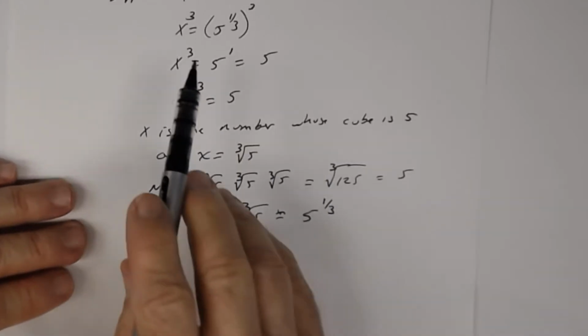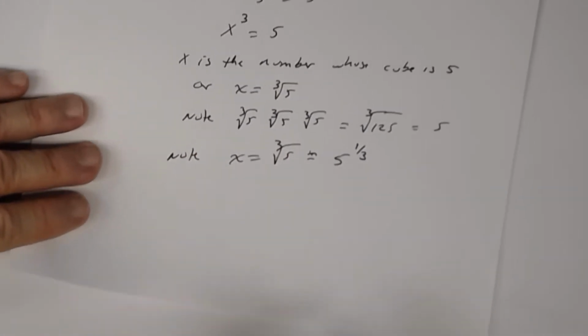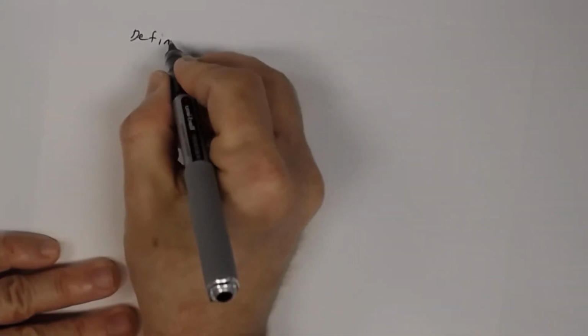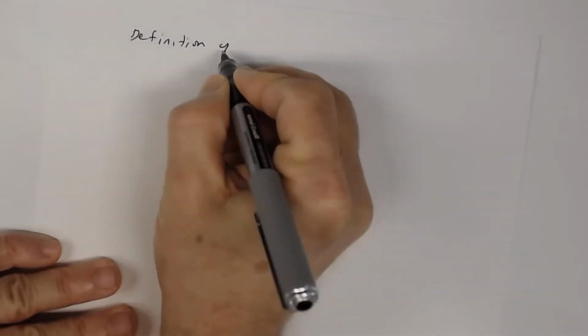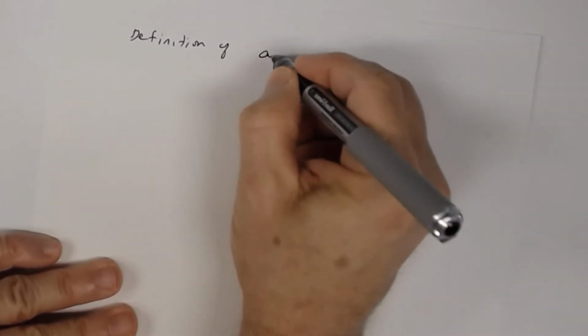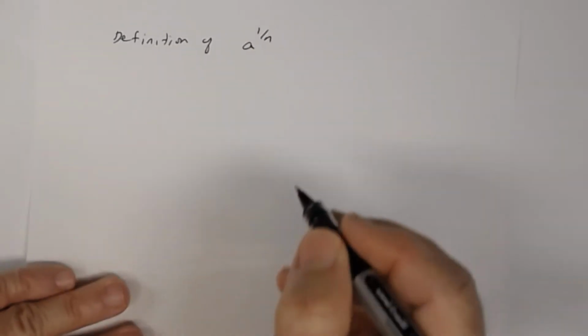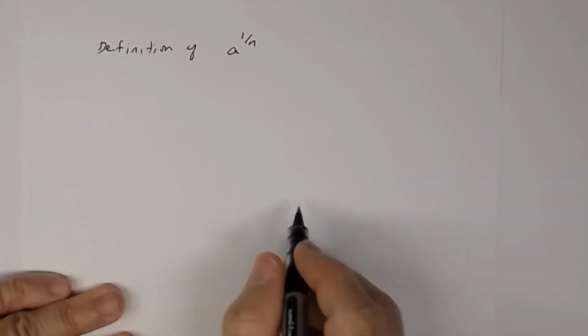So let's go and talk about this now. So this is going to be the definition of a to the 1 divided by n.